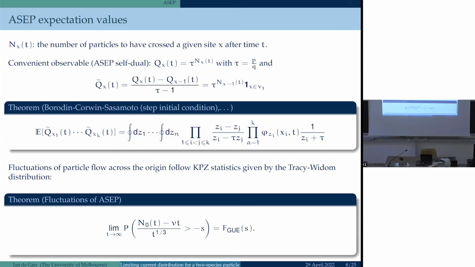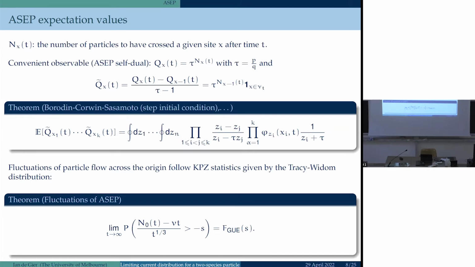Once you get this, it's a nice formula. It looks a bit involved if you haven't seen this before, but for those who work with multiple contour integrals, you can see this is a really nice one. It's fully factorized aside from this van der Monde type factor, which you always have. From here, you can compute asymptotics: you want to let t go to infinity, and often also k should go to infinity.